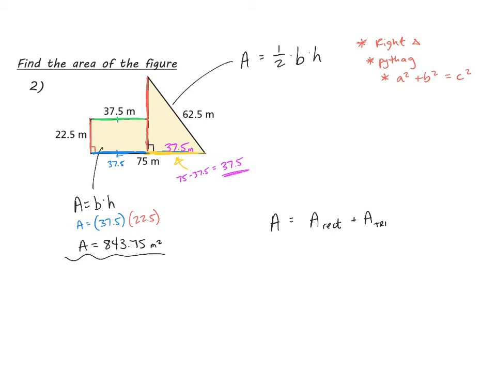Cool. And since the 62.5 is across from the right angle, that'll have to be my C. I can call this 37.5 B, and we'll call this length A. That sounds good.